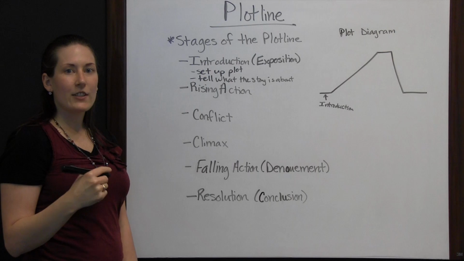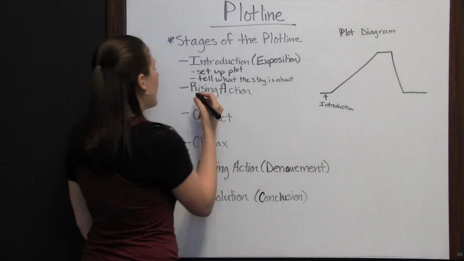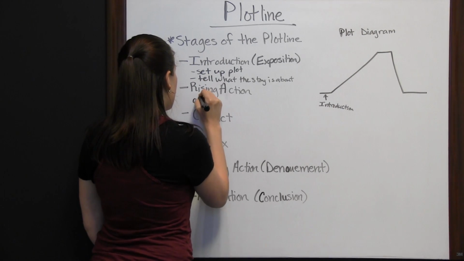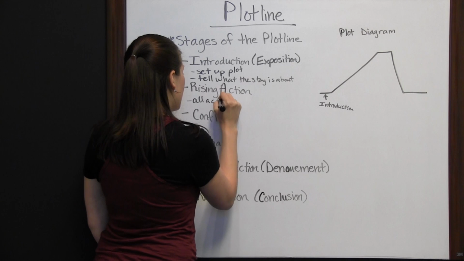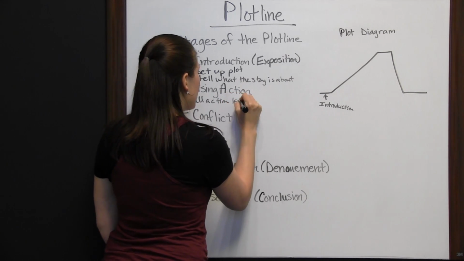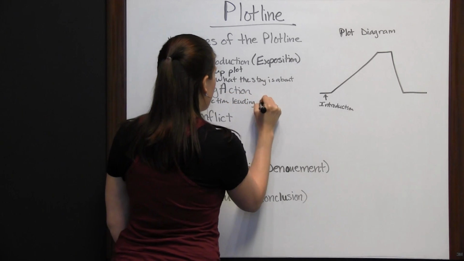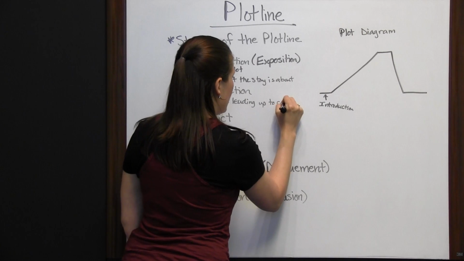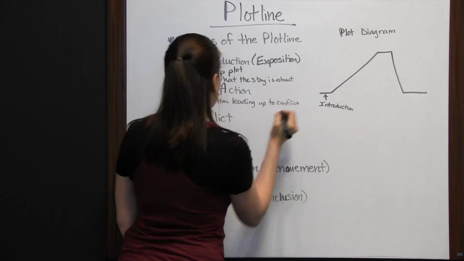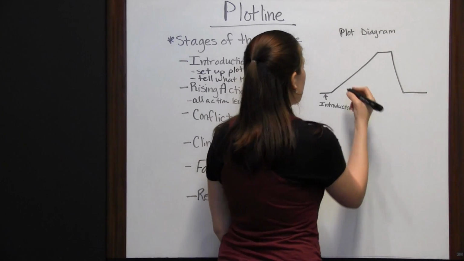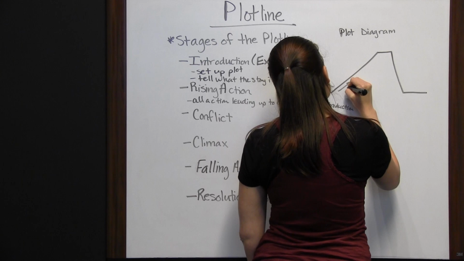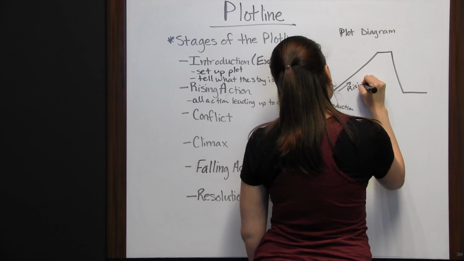Your rising action is everything leading up to the conflict. All the action leading up to your conflict. So everything that happens before you find out what your conflict is going to be is rising action.